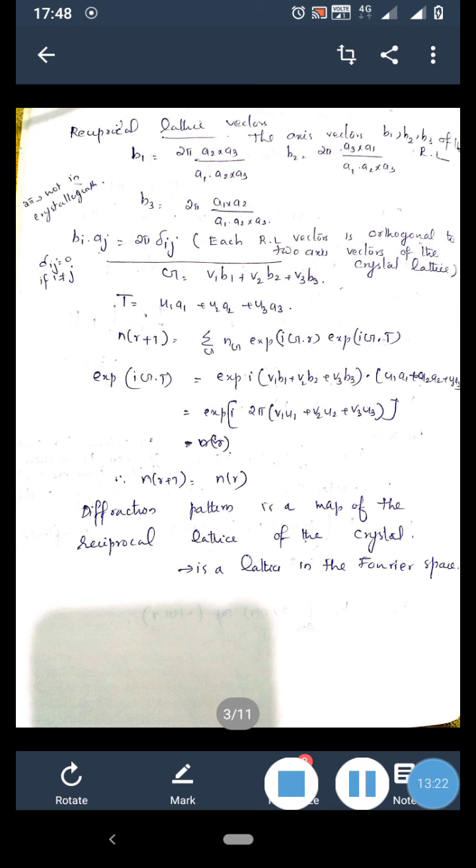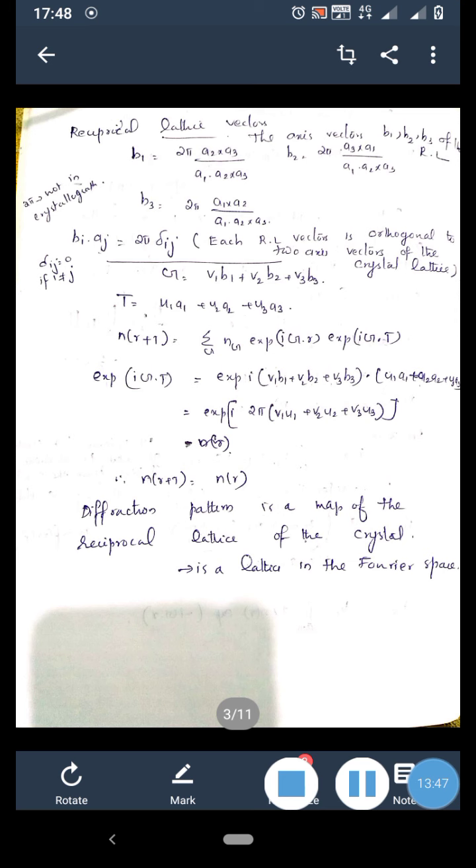Exponential i 2 pi times an integer is equal to cos 2 pi times the integer plus i sin 2 pi times the integer. Cos 2 pi times an integer becomes 1, and i sin 2 pi times an integer becomes 0. So exponential i G dot t becomes 1. So n of r plus t becomes the summation over G of n_G exponential i G dot r itself, which is equal to n of r.